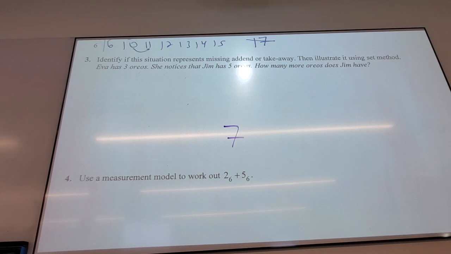Give me some more. How many? Then you have to figure out how 2 would give us the same. When I ask a question like that, you could argue take away would work. When she looks over, she sees 5, she takes away 3. But it's most immediately missing addend.